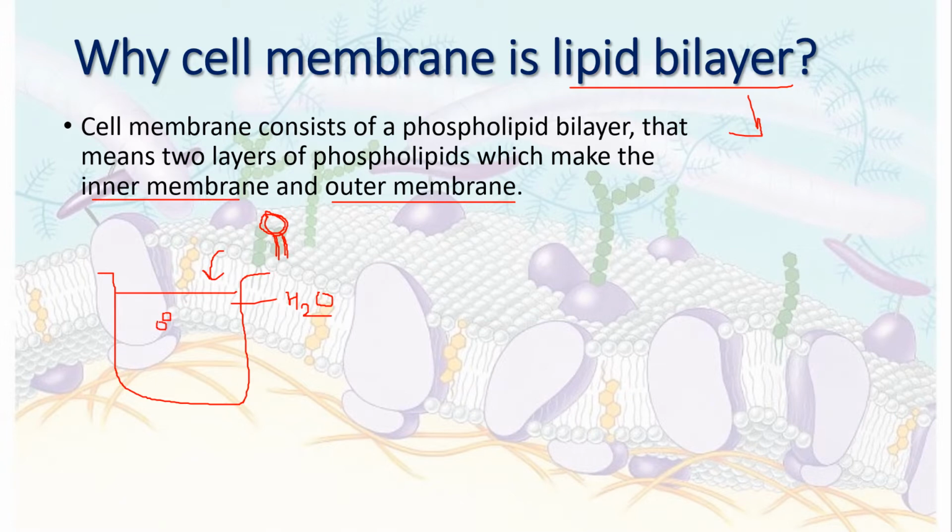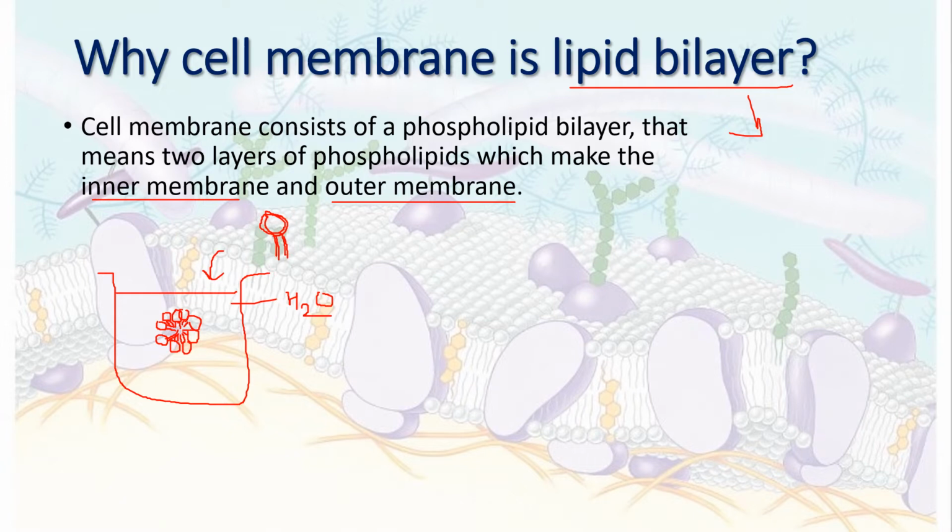These are the heads, which point toward the water, and the tails always point away from the water. They form a structure like this. That's the case in fats. If we place a drop of oil in water, it also tends to occupy a sphere in water.